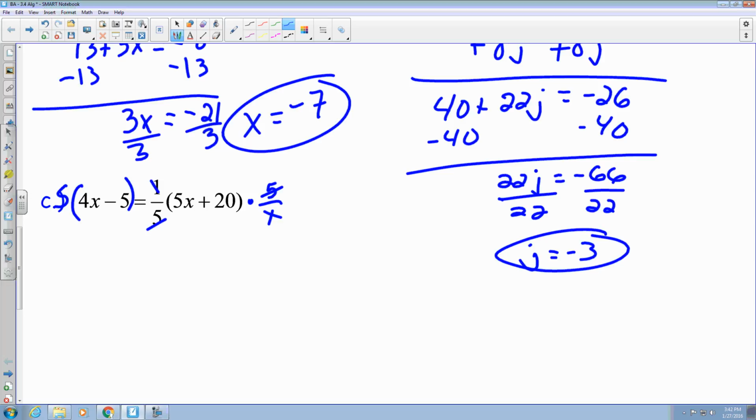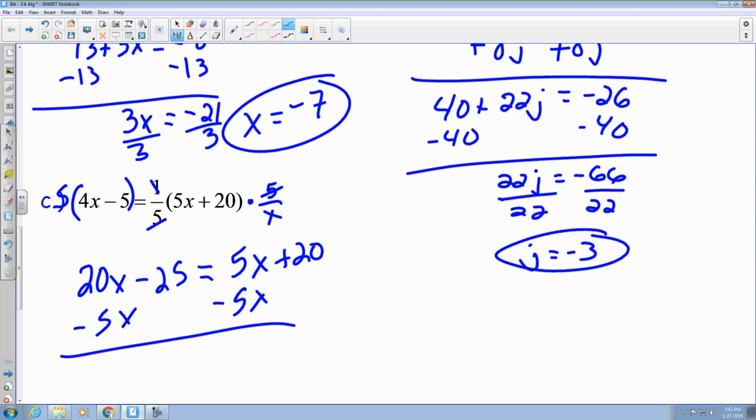It's a lot easier to do than the 1/5 over the 5x plus 20. If I distribute that, I get 20x minus 25. Now that's equal to 5x plus 20. From here, I'm going to subtract 5x from both sides. I get 15x minus 25 equals 20.